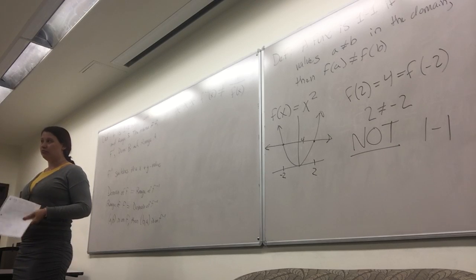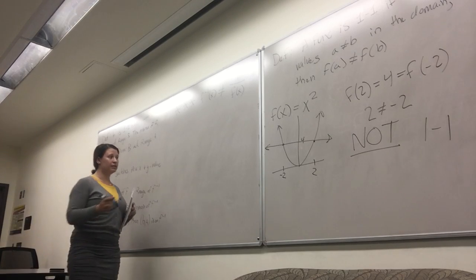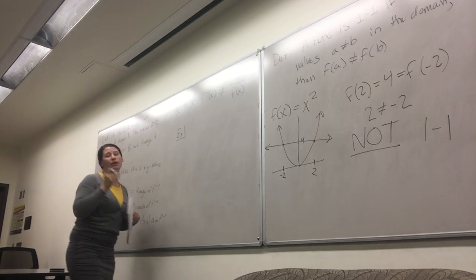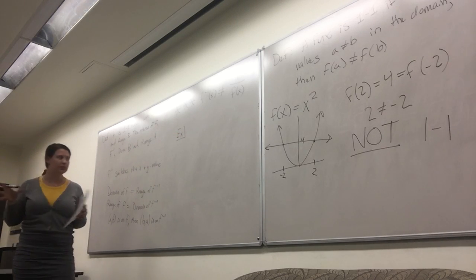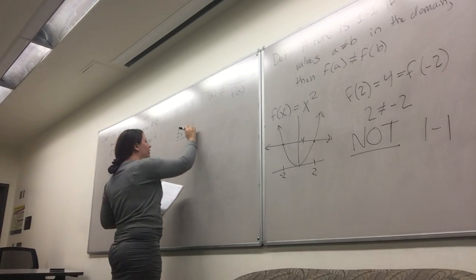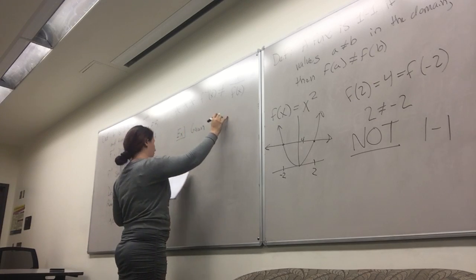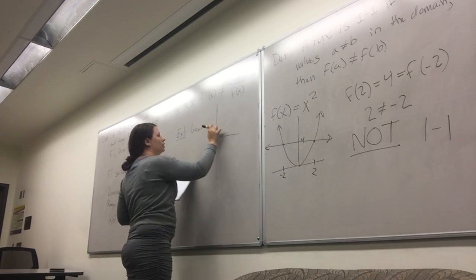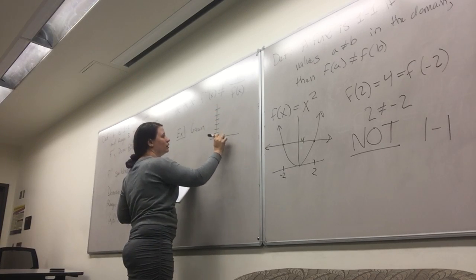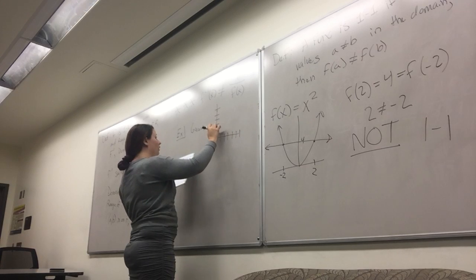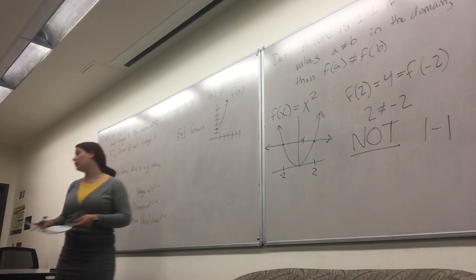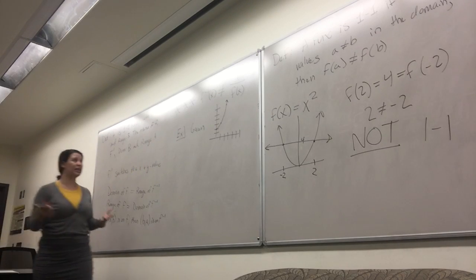So, let's do an example. There is one specific that is in the homework that can be a little troublesome. So, if we're given a graph and it looks like that, and we want to find its inverse.